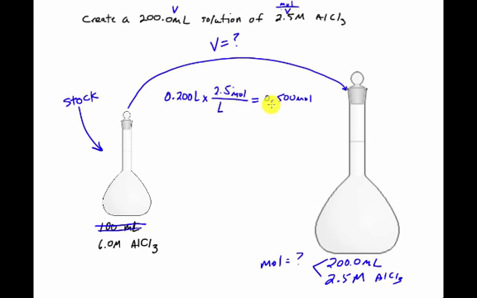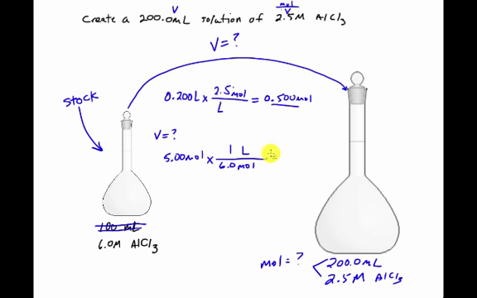So now I take these moles that I know and the molarity and I find the volume. So my volume is what I'm looking for here. And so what I can do is I can say, okay, I got 0.500 moles. What I want to do is get rid of the moles this time and multiply that by, well, the volume on top. So 1 liter, 6 on the bottom.